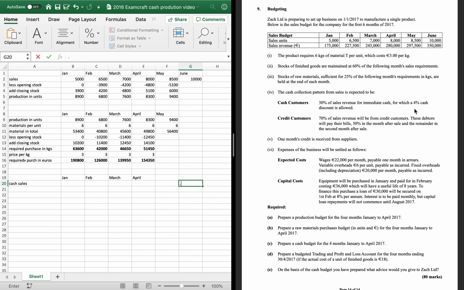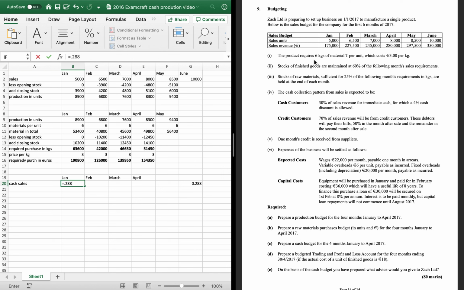So 0.96 by 0.3 is 0.288. So we're finding 28.8% of each of the sales revenue numbers. You'd notice in the mock they throw in mad numbers like that, and they probably didn't put a huge amount of thought into it.